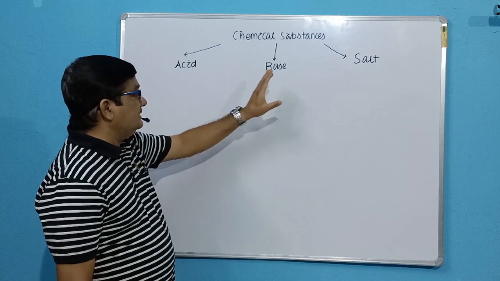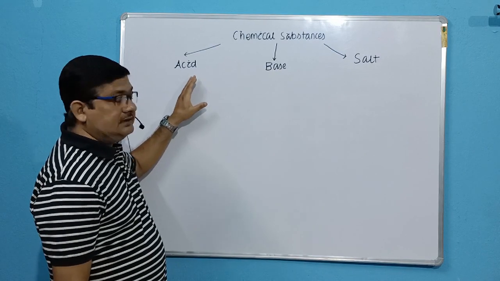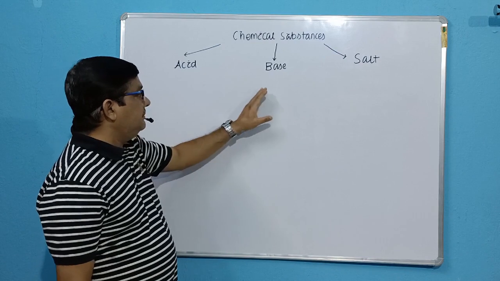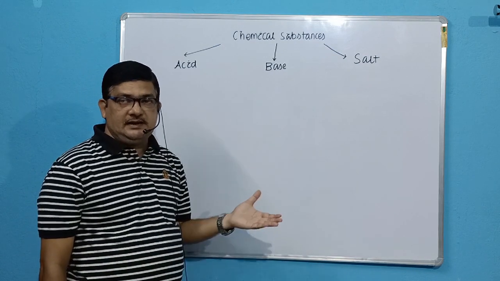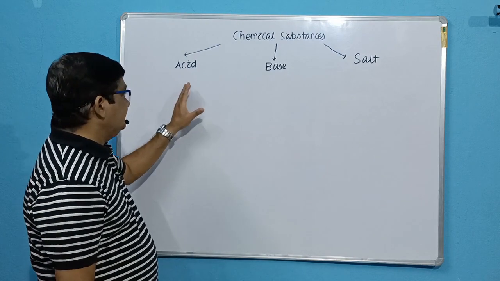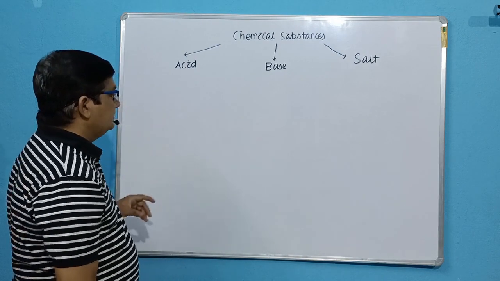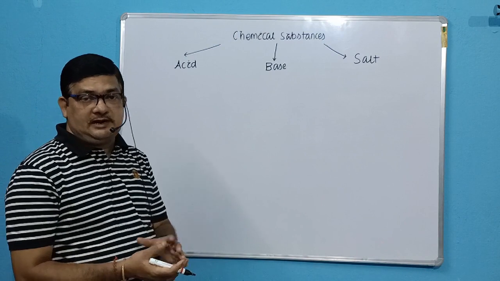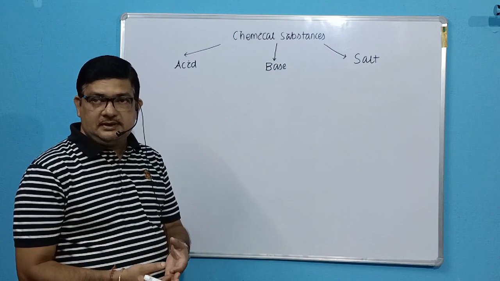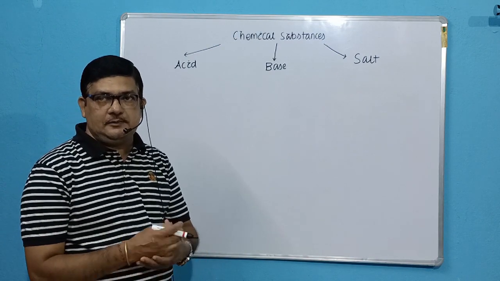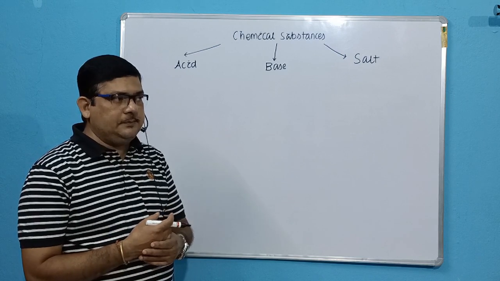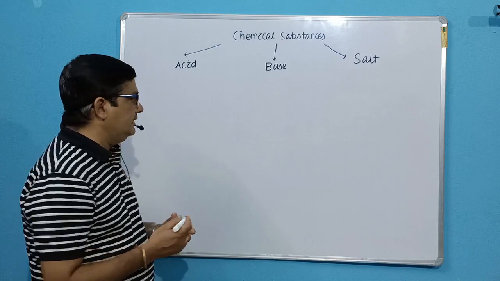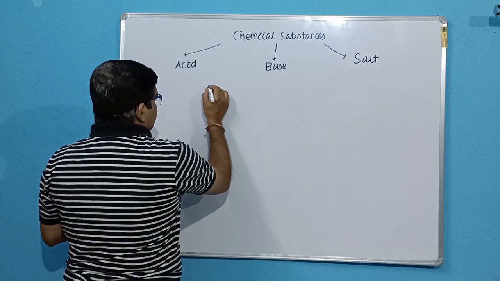Broadly, the chemical substances are divided into 3 types, that is acid, base and salt. There are many theories to explain what is an acid and what is a base, and no theory is sufficient enough. No theory is complete. So as per your syllabus, we will be reading 3 different theories.